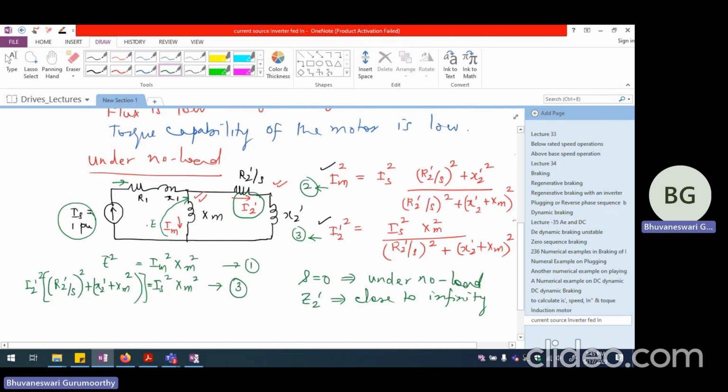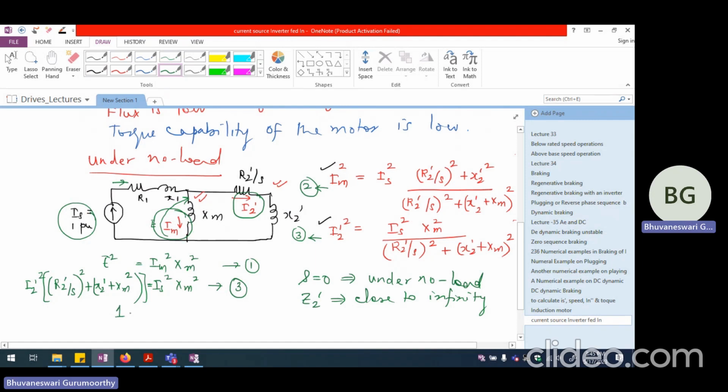So if it is supplying 1 per unit of current under such a condition, then we are going to have a big problem in terms of that entire current flowing through the magnetizing branch, and that is going to cause saturation.